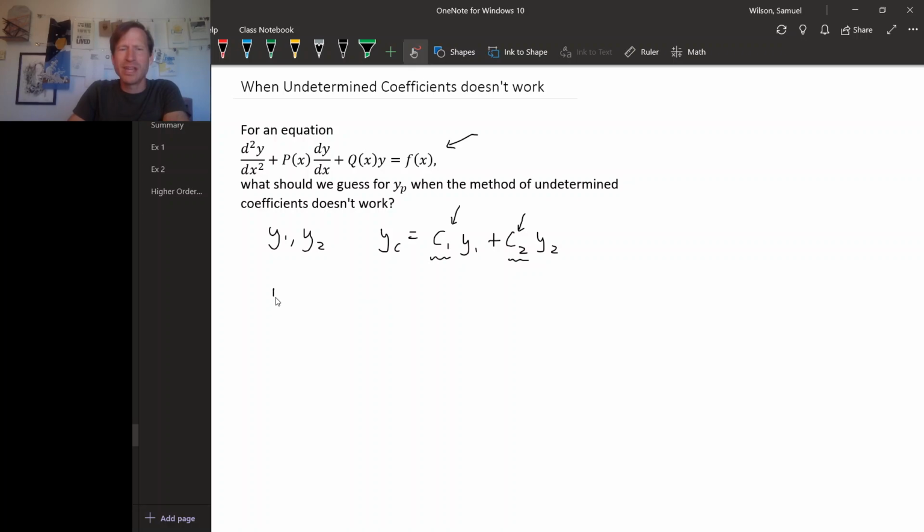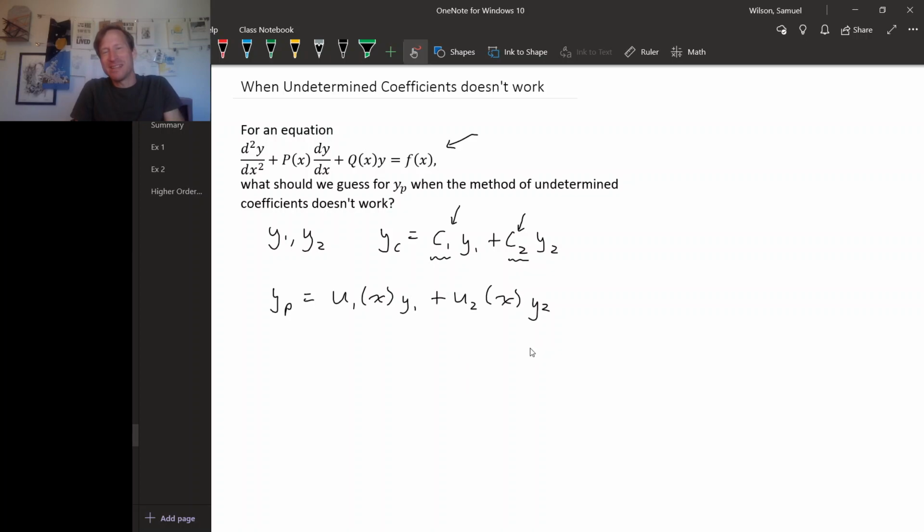So maybe what we should guess for a particular solution is the same sort of thing, but instead of having constants multiplying y1 and y2, maybe we should have functions multiplying y1 and y2. Then it's really a matter of figuring out, if this is going to be true, what functions are they? So these unknown functions u1 and u2, we're going to have to figure out what they are. And if we can find appropriate functions, then maybe we can get a particular solution of this form.